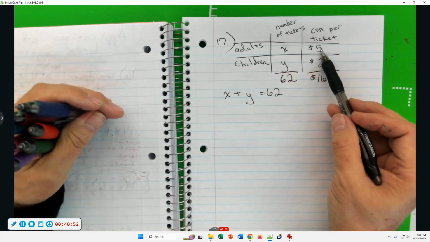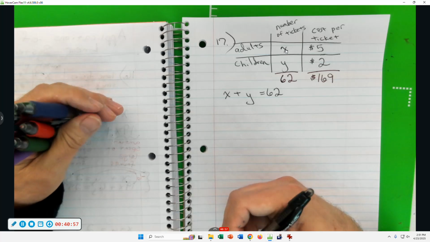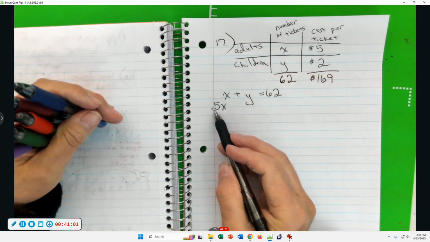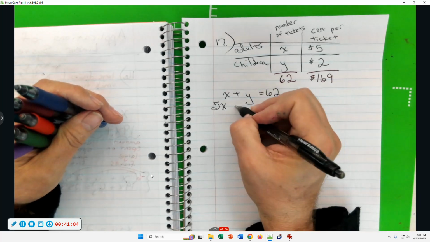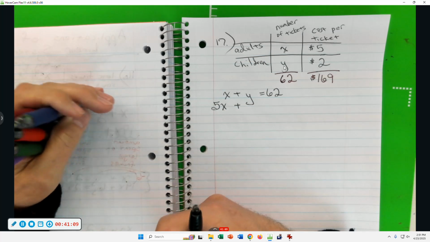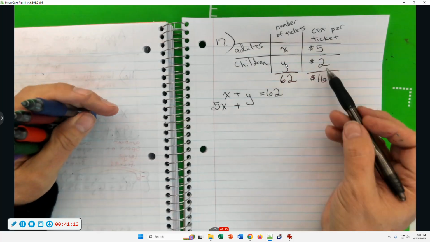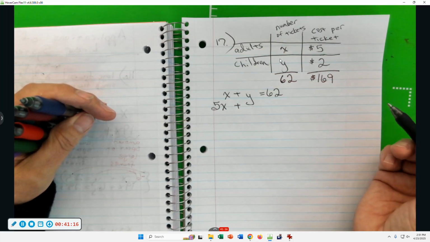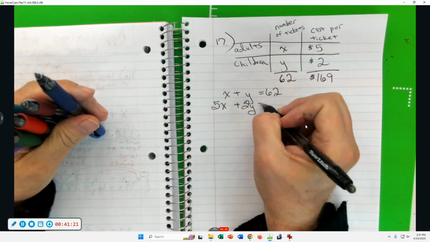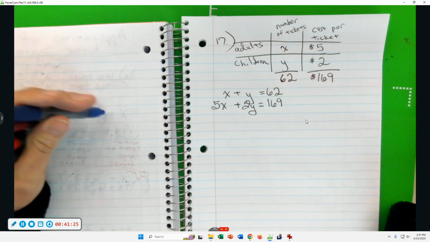It's $5 per ticket. They sold X tickets. 5X. That's the price per item times the number of items, plus how much money did they get from all of the children tickets they sold? They sold Y children tickets at $2 each. 2Y, and that has to equal the amount of money that they took in, $169.